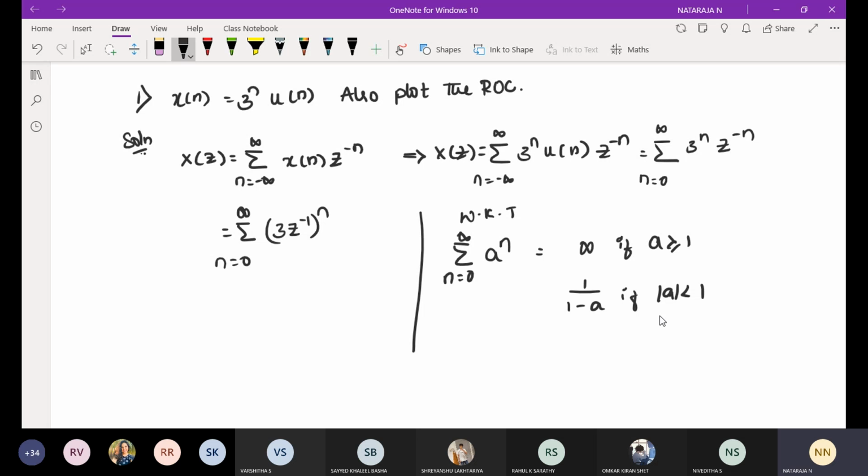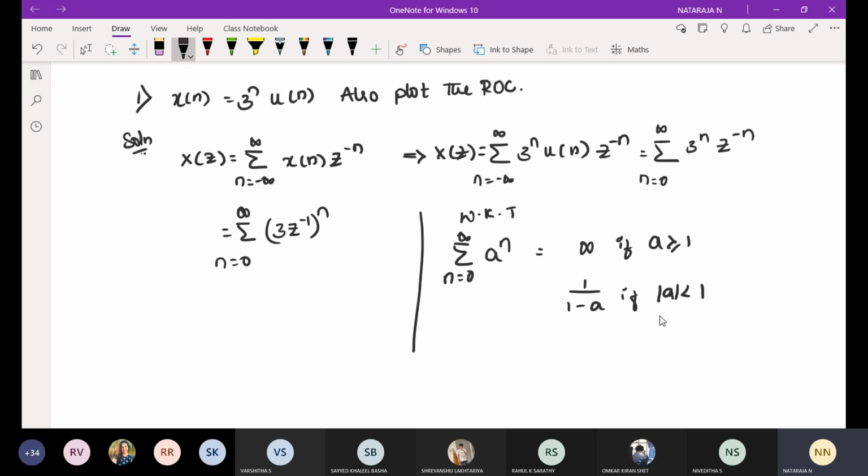If you want clarification, you can substitute values greater than or equal to 1: 1 plus 2 plus 3 plus 4 up to infinity, you will get infinity.